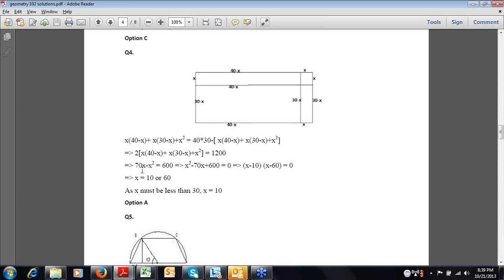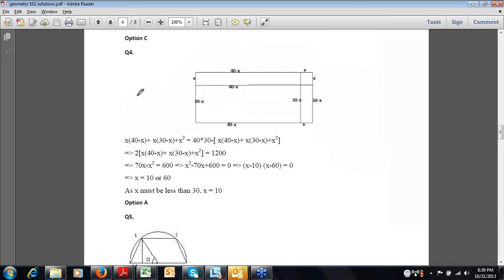So we'll form an equation: x square, the area of this, plus x into 30 minus x, the area of this part, and x into 40 minus x, the area of this, which is equal to the total area minus this area.